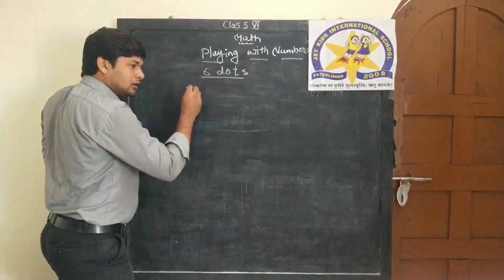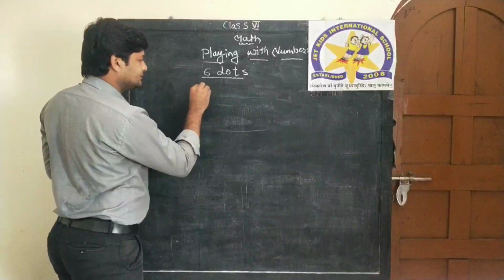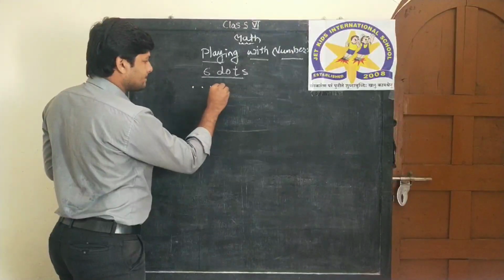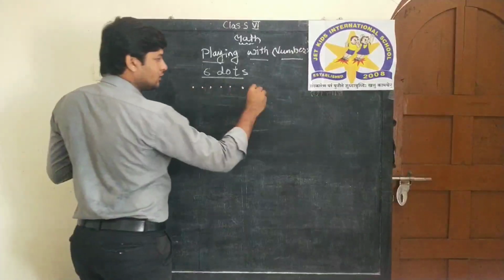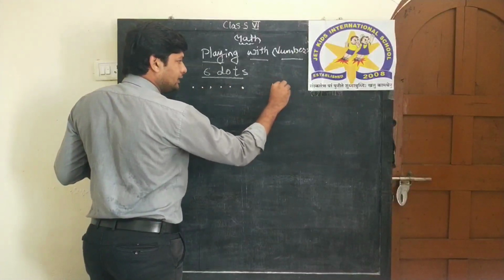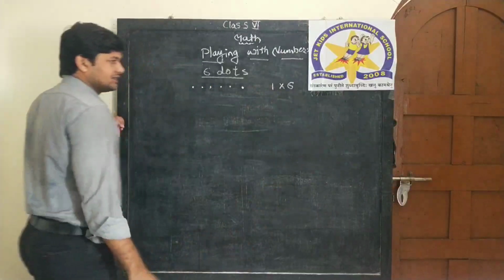First, you can arrange them in a simple manner, in a line: 1 row multiplied by 6 dots.